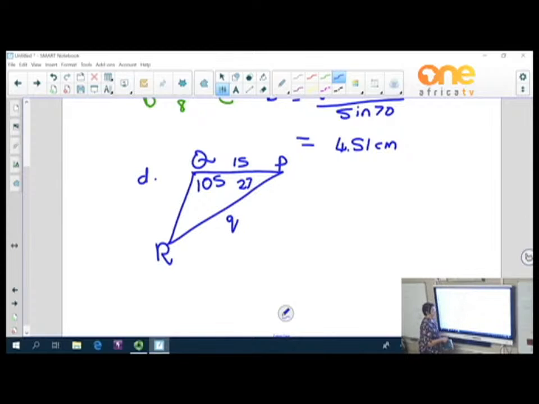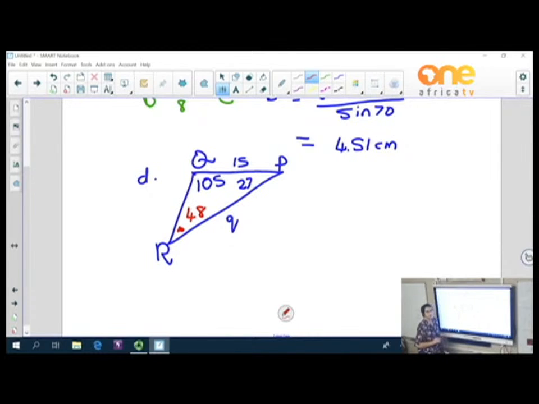Opposite sides, opposite angles. Now here we can see we need angle R, because this one is opposite that side and we don't have that one. But we can easily get that. So it is 180 minus 105 minus 27, which is equal to 48 degrees.